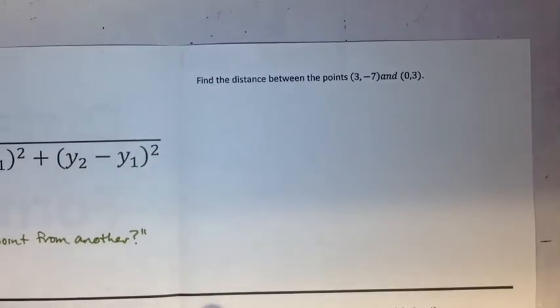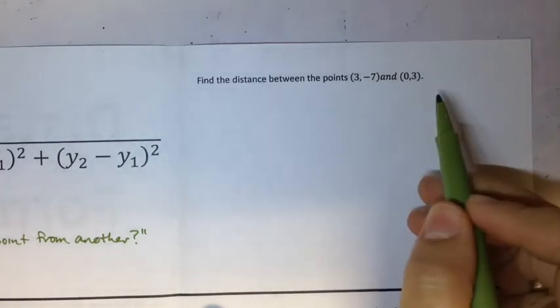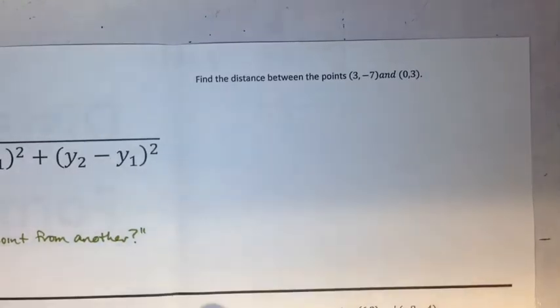For instance, what if we have the question, find the distance between the points (3, -7) and (0, 3). These are not things that we can just put on a number line and find the distance between, like absolute value. No, these are going to be on some sort of incline. So we're going to have to use this distance formula to find the distance.